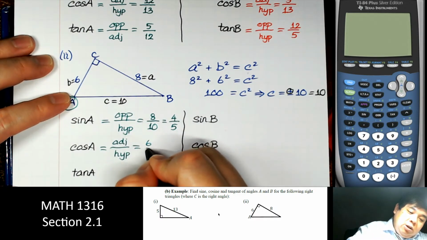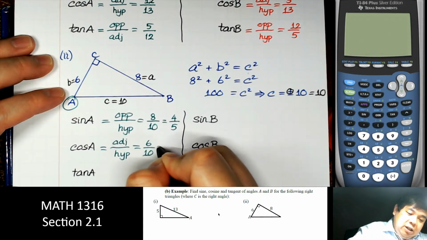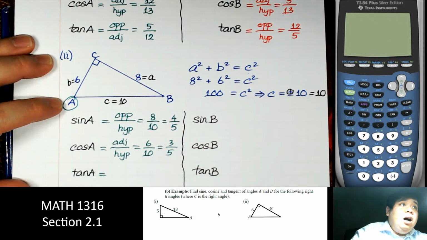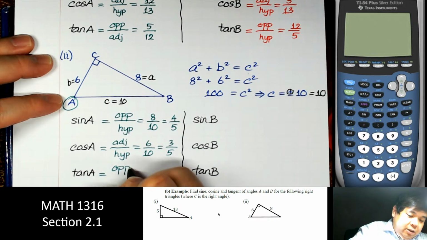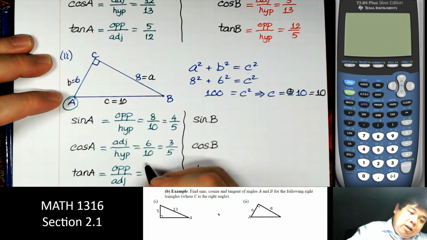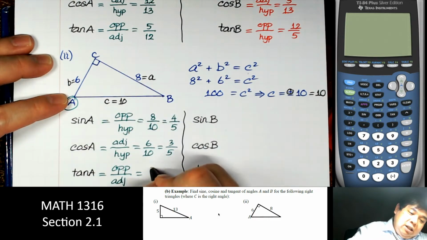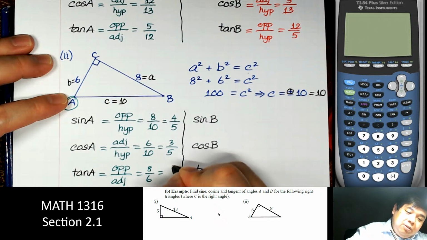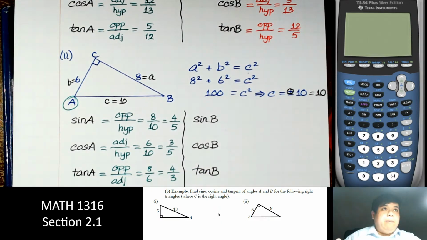So it will be 6 over hypotenuse is 10. 3/5. Tangent, opposite over adjacent. Opposite is 8. Adjacent 6. Reduced to 4/3.